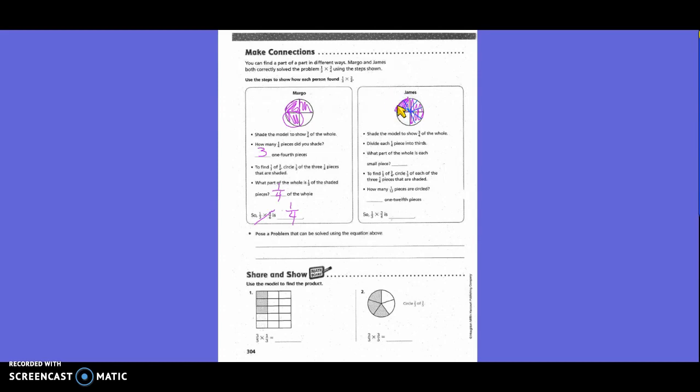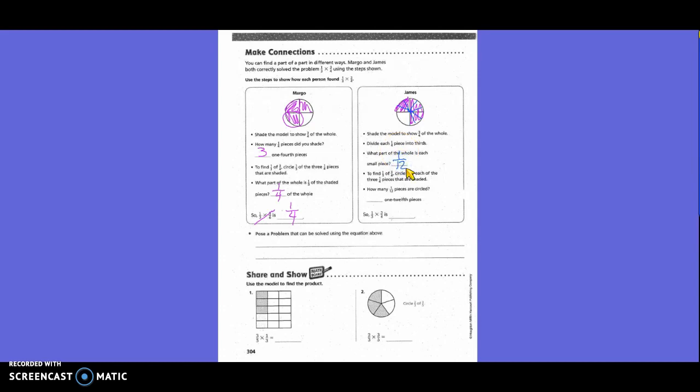So what part of the whole is each small piece? So each small piece, this equals how many little pieces? So we have 9/3. Well, there are 3 in each one, right? But if there were 3 in each one, that would get us 1/12, right?